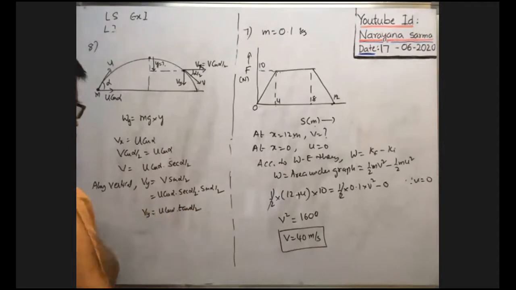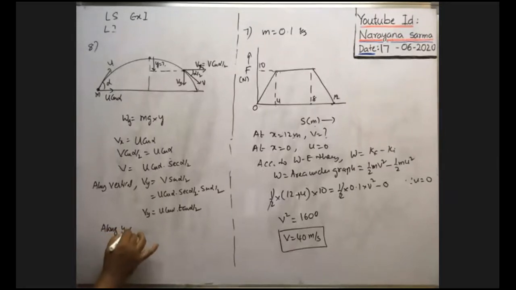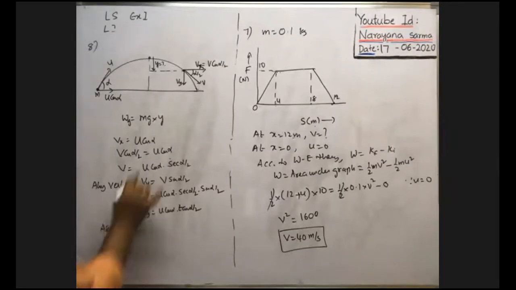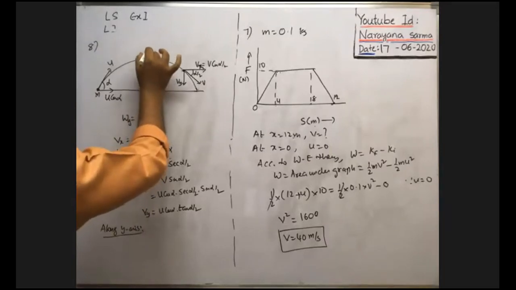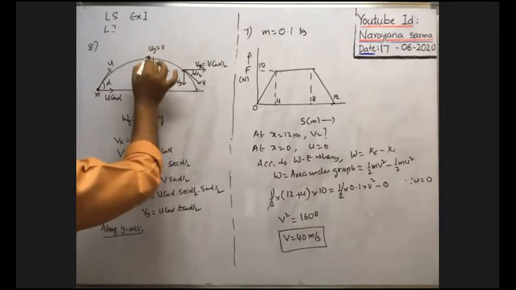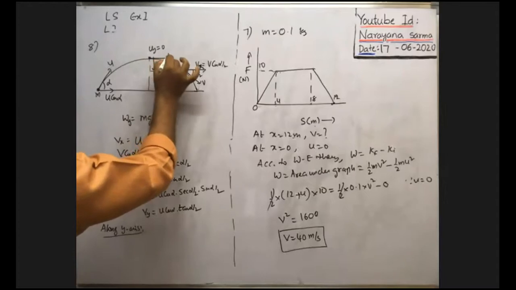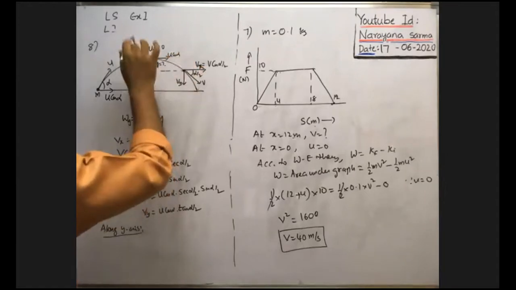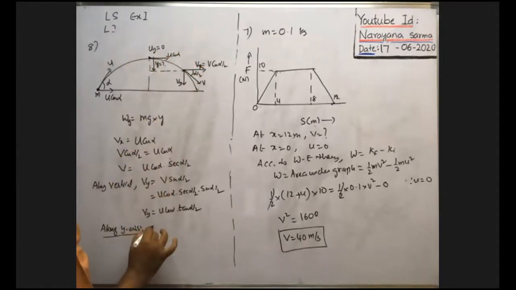It is the vertical component of velocity. Now, along the vertical direction, the initial velocity at this point is 0, no? Because at this point, it has only velocity along the horizontal direction. Along the vertical direction, velocity is 0. That's why the initial velocity along the vertical direction is 0.